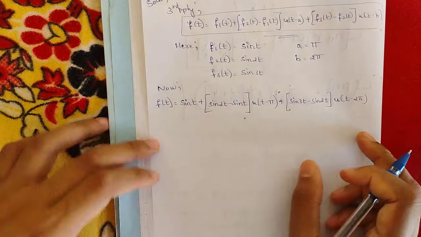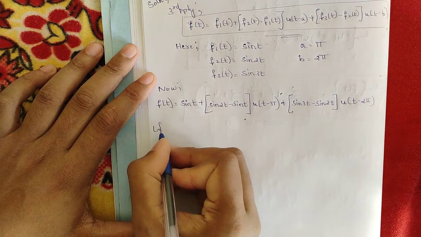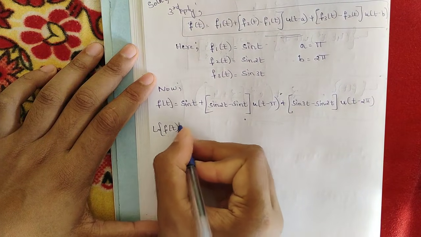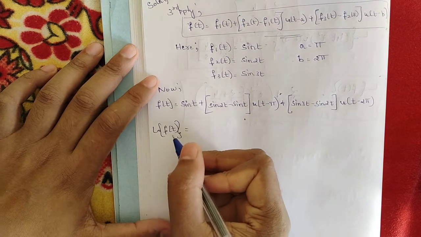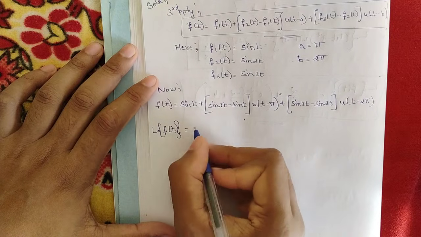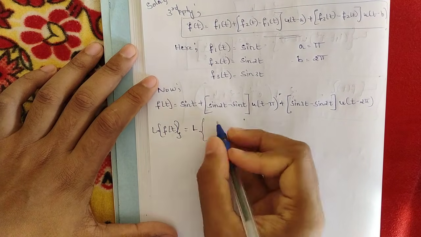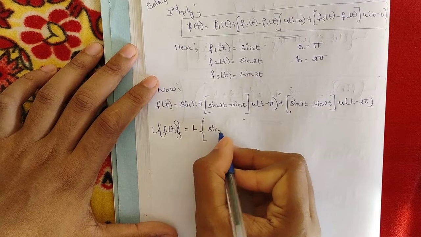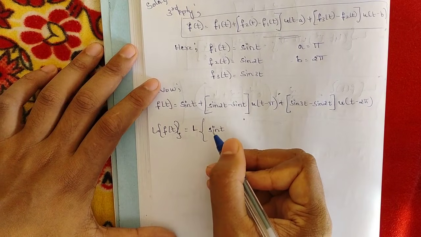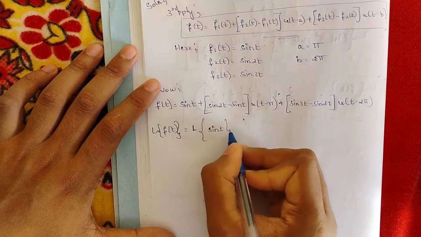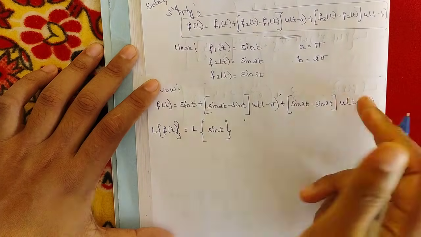Now you should be taking its Laplace transform, that is L of f of t is equal to Laplace transform of sin t. Split it along with the summations here.